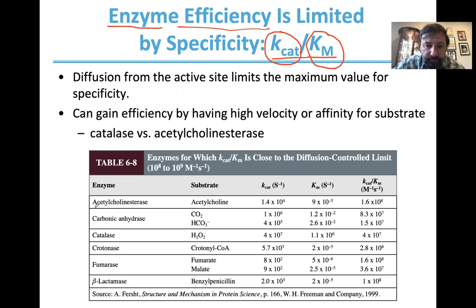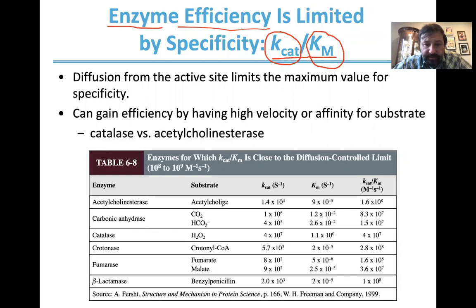So we quickly looked last time at acetylcholine esterase. I told you that, or you told me actually, that acetylcholine is a neurotransmitter, right, which is released in the synaptic cleft from the presynaptic neuron, and it acts on the receptors of the postsynaptic neuron. And once the signal is transmitted, then there is an enzyme in the synaptic cleft known as acetylcholine esterase.